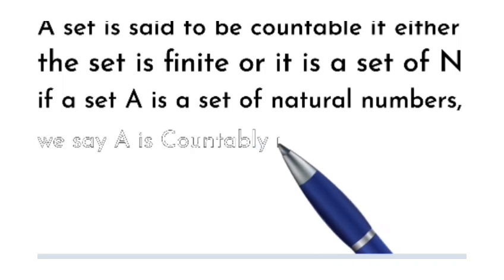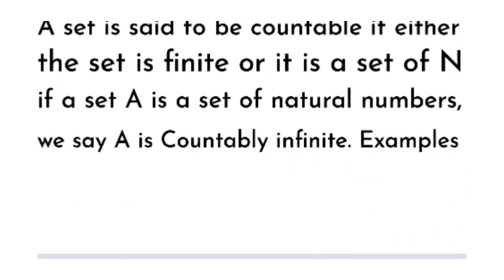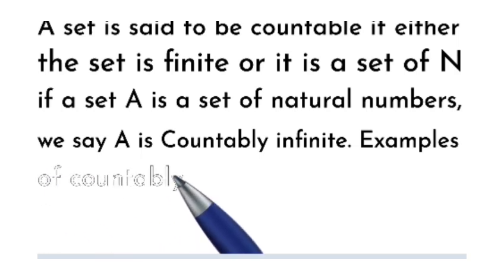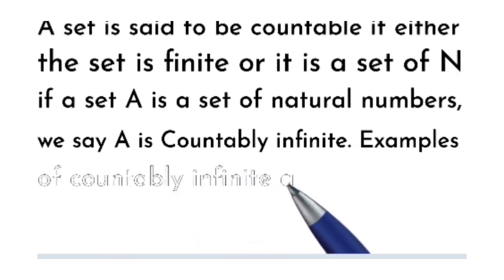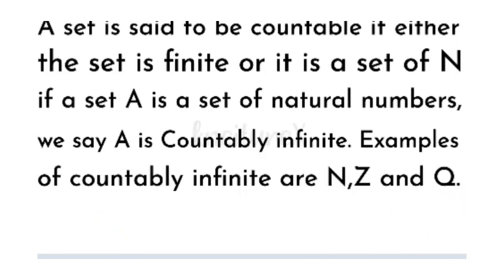That is, we have the set 1, 2, 3, 4, 5, 6, and you continue like that infinitely, because the set of natural numbers is infinite. Examples of countably infinite sets are the natural numbers, the integers and the rational numbers.